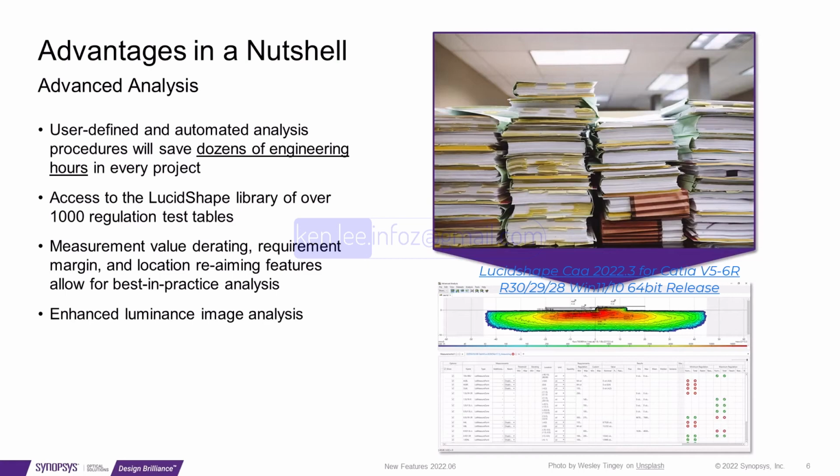You get access to the Lucidshape library of over 1000 regulation test tables. There is now the option for measurement value derating, requirement margin, and location re-aiming features, allowing for best-in-practice analysis. Furthermore, enhanced luminance image analysis features are available.